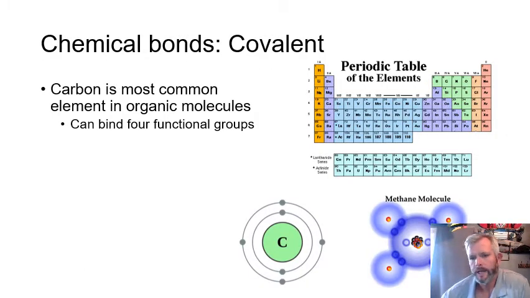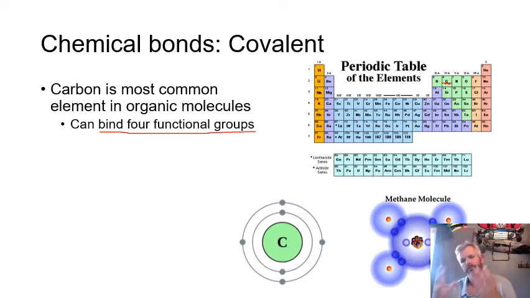So going back to our friend carbon, what makes it unique is that you can form 4 bonds. So this makes it so you can make these very diverse molecules.